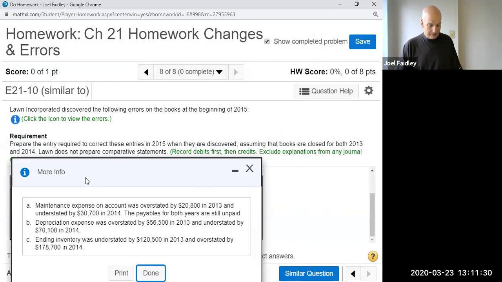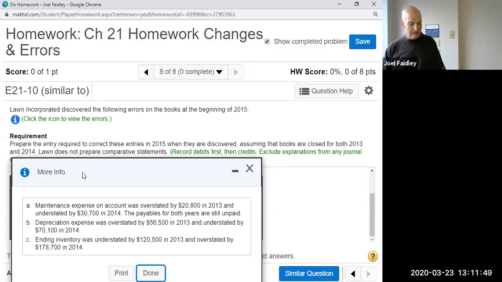All right, so what's happened here? We got a maintenance expense on account was overstated by $20,800 in 2013 and understated by $30,700 in 2014. The payables for both years are still unpaid. So maintenance expense overstated $20,800 and understated $30,700.